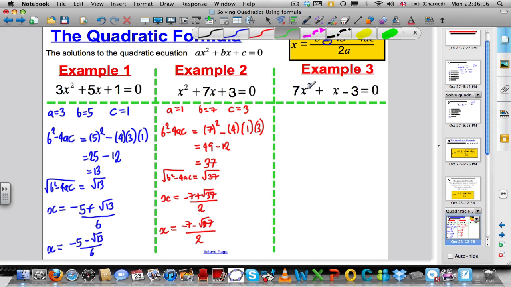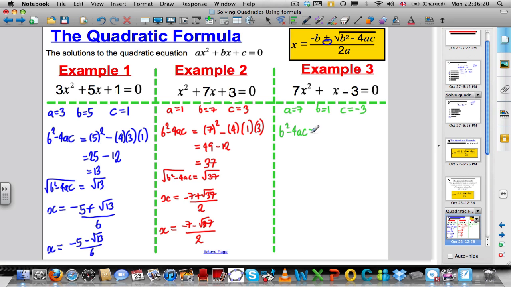First step, 7x squared plus x minus 3. Let's write down our a, b, and c. A is 7, b is 1, c is negative 3. Work out b squared minus 4ac, which is 1 squared minus 4 times 7 times minus 3. 1 squared is 1. 4 times 7 is 28. 28 times minus 3.